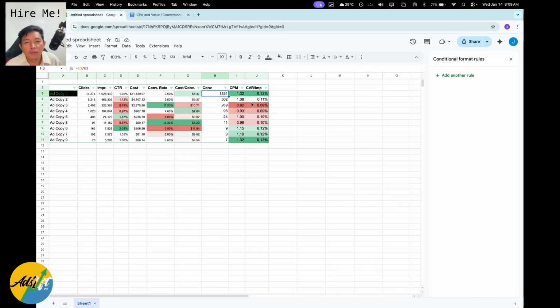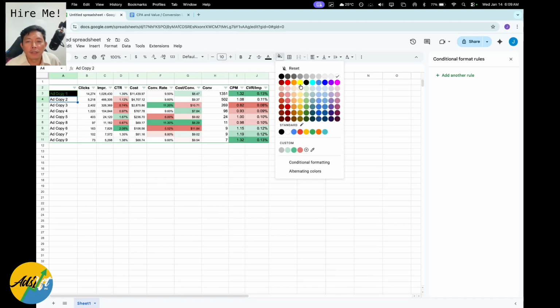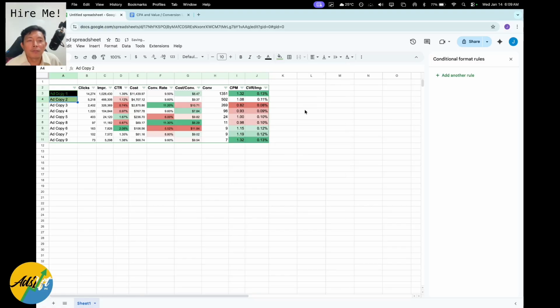In justifying the conversions, these 2, ad copy 1 and ad copy 2, show potential in terms of efficiency. This third copy spent almost 2.8k, a good amount already to determine if the ad copy is performing well.